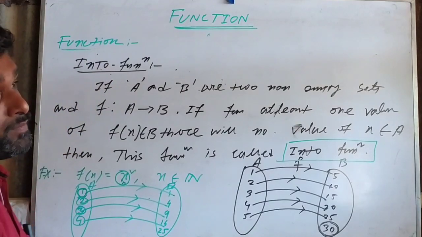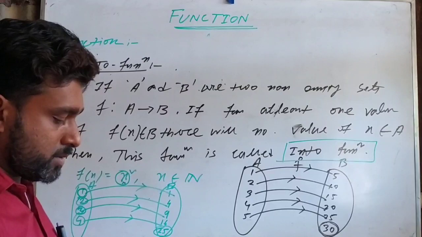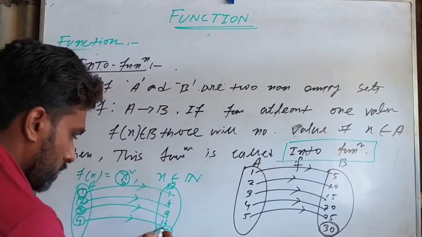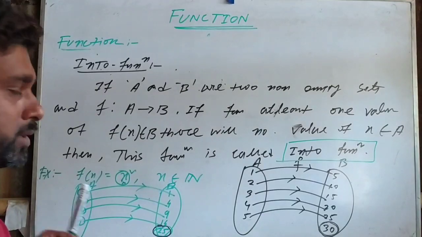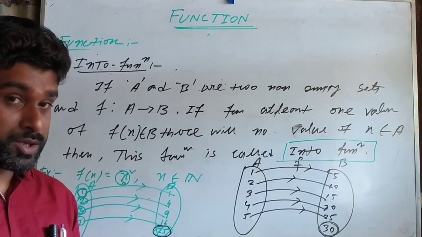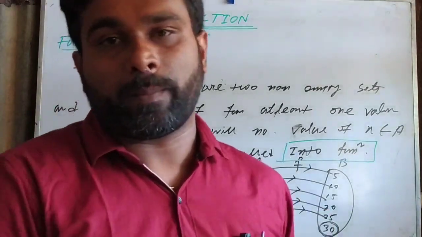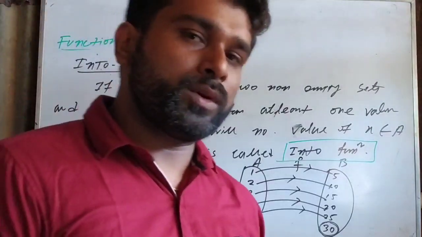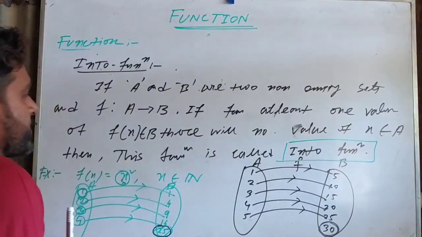But unfortunately 25 is left here, which has no mapping with the input values as well. So that's why this type of mapping is called into mapping. ठीक है, okay.